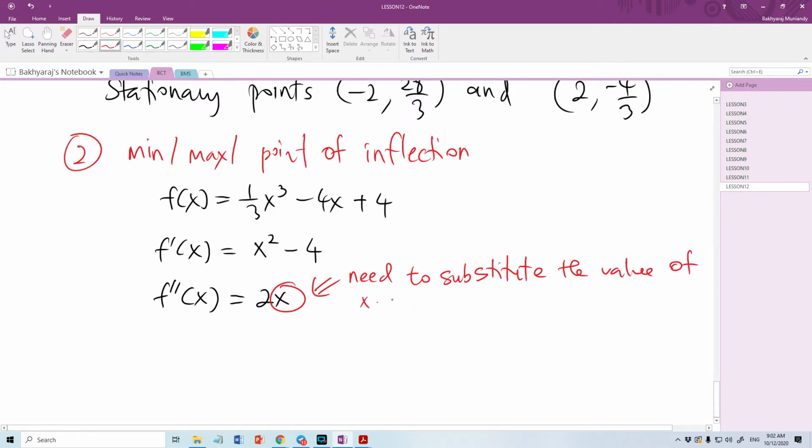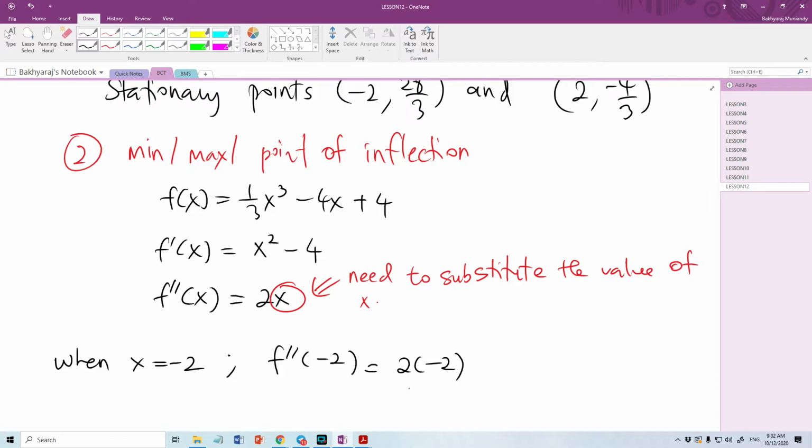So sekarang kita ada x, when x equals to negative 2. Sebab tadi itu kita dapat x negative 2. So my f double prime of negative 2 will be 2 times negative 2. When I get a function, I need to replace the x with the value. So once you replace, you get negative 4. Negative 4 can be decided: more than 0, less than 0, equals to 0.